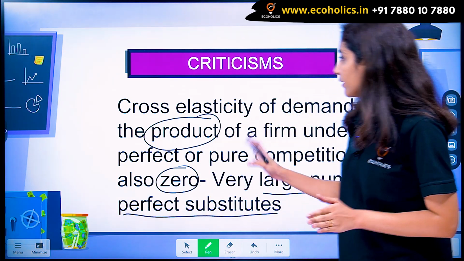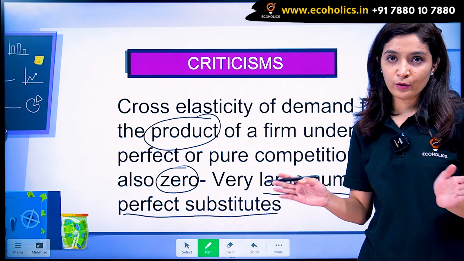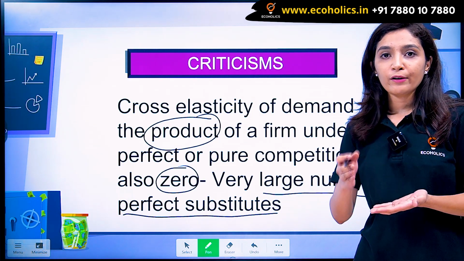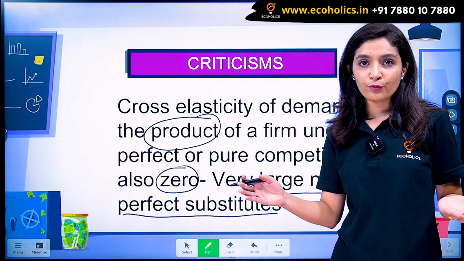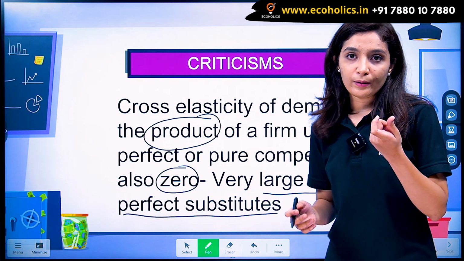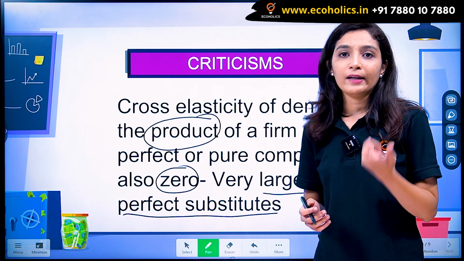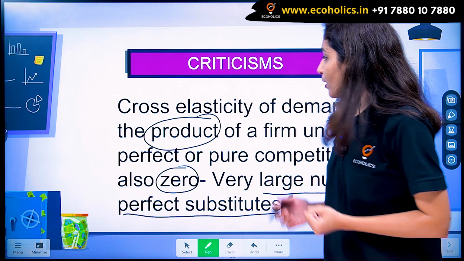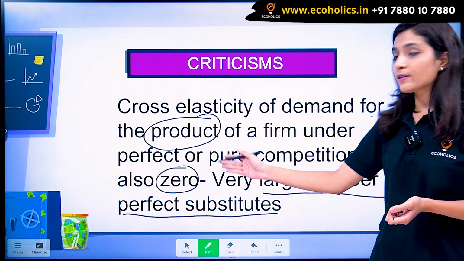So what we can conclude is that the effect of change in price is going to get spread among a large number of firms, so that the effect on any individual firm is going to be negligible or very, very small. So in this case, therefore, the cross elasticity of demand is 0.